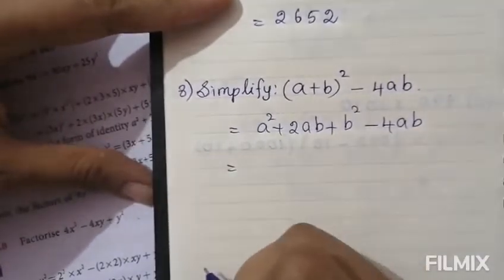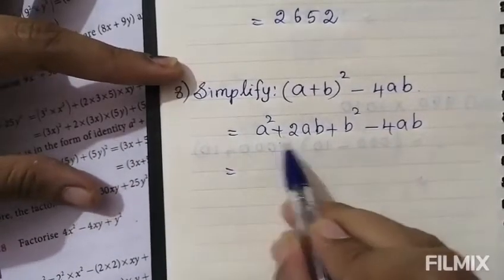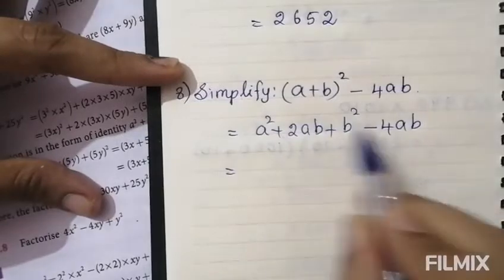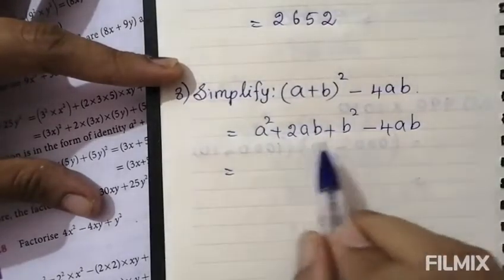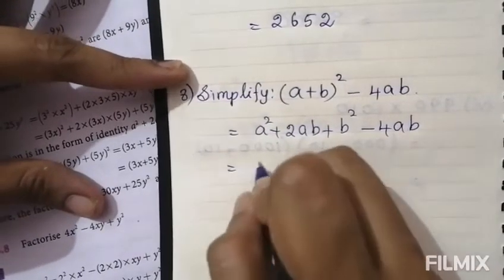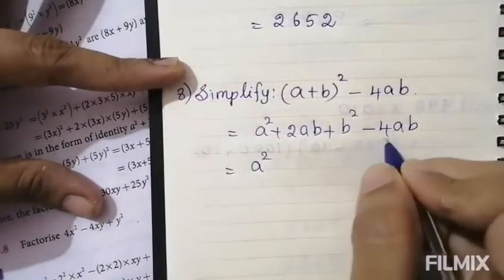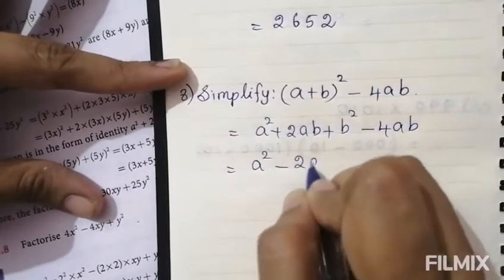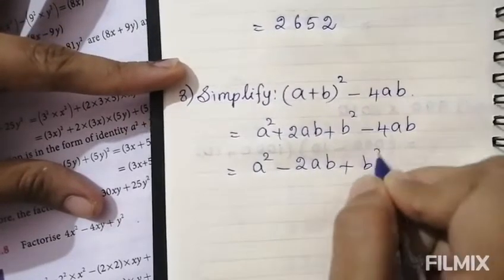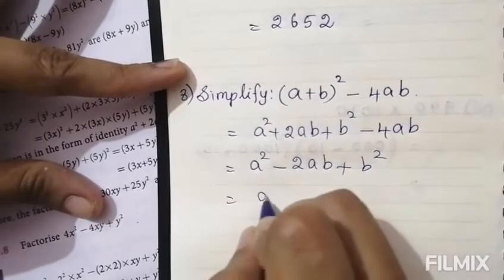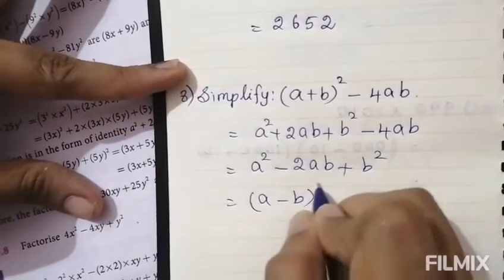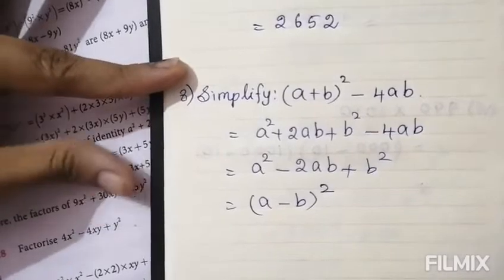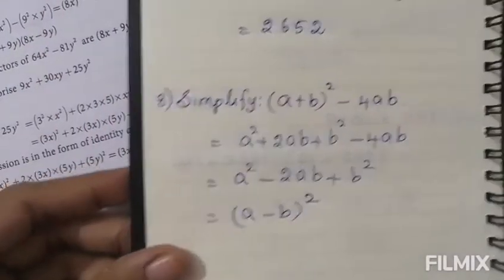So like terms only we can add. So here 2ab and 4ab are like terms. So we add the coefficients. So 2 minus 4 is minus 2, so a square minus 2ab plus b square. So this is the formula for (a minus b) the whole square. So the answer is (a minus b) the whole square.